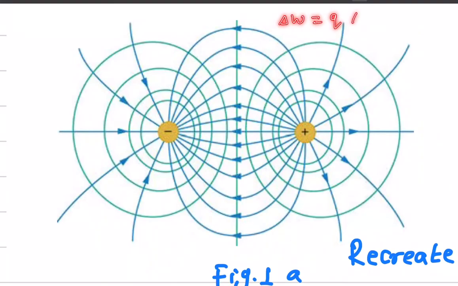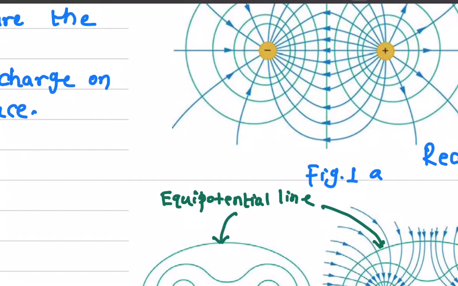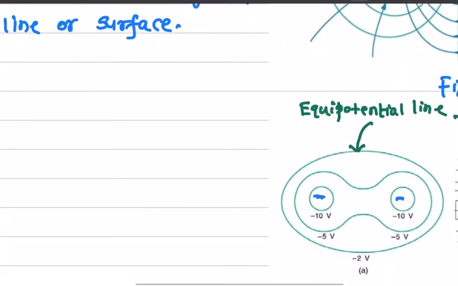If you remember, the work done is equal to Q times the change in the potential, Q times delta V, where delta V is the change in the potential. If this potential difference is 0, that means it is on the equipotential line, then no work is required. It doesn't require any work to move along the same potential.